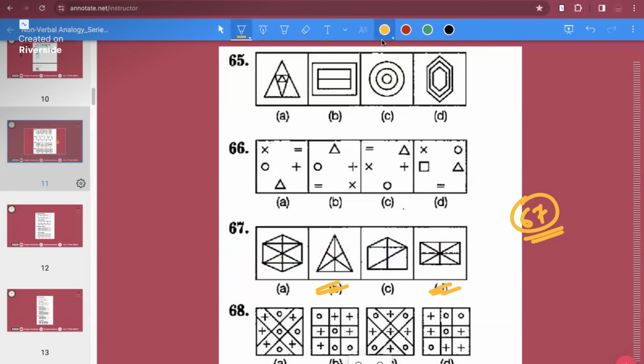But there seems to be a little bit of dispute between A and C because of the presence of these two lines. Right, guys? The main problem over here is that they are not cutting at a concentric place, even though these two are your extra elements.